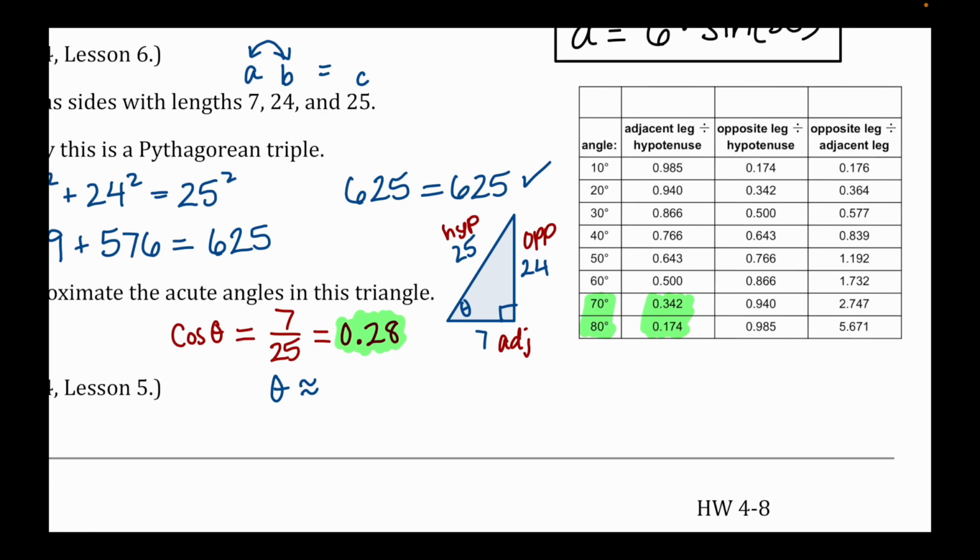So I can say now theta is approximately 74 degrees, which means, I think they gave you beta on another question.